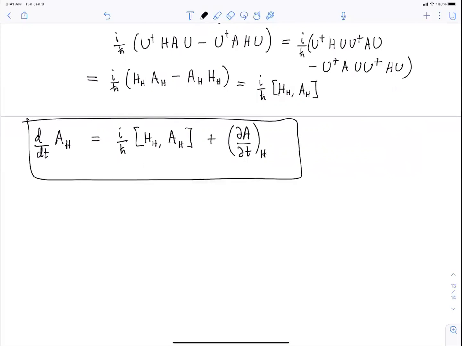Okay, so just to comment on the meaning of this last term, suppose I gave you a specific A and I asked you to calculate this. The meaning of this is you take the derivative of A in the Schrodinger picture with respect to the explicit time dependence.